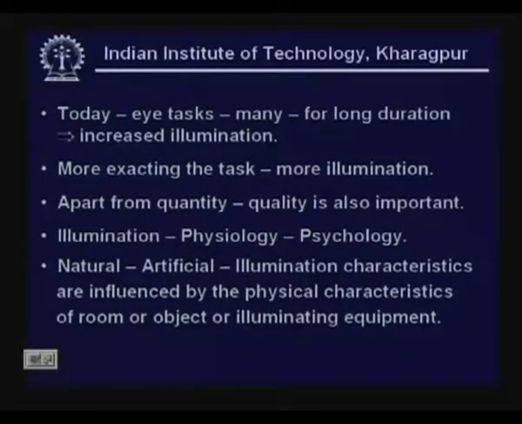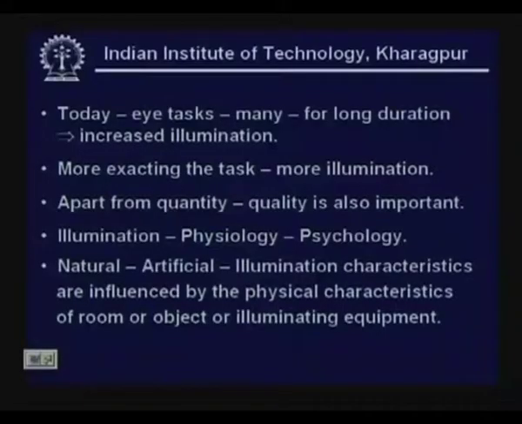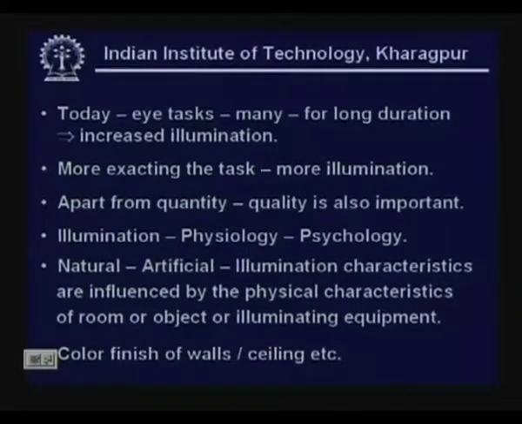The artificial illumination aims at bringing it close to natural illumination and is affected by not only the type of source we use, type of environment we have, and the place where it is placed, that is, physical characteristics of the object being viewed or the room being illuminated. That is how physical characteristics of the room come into play.